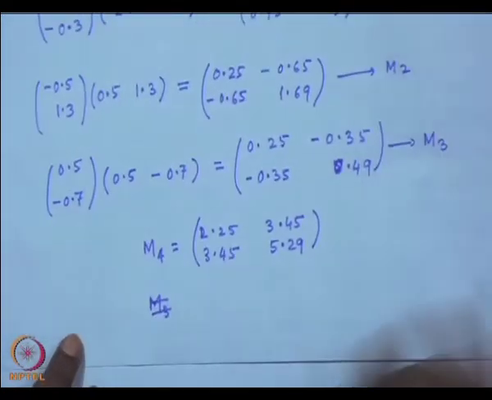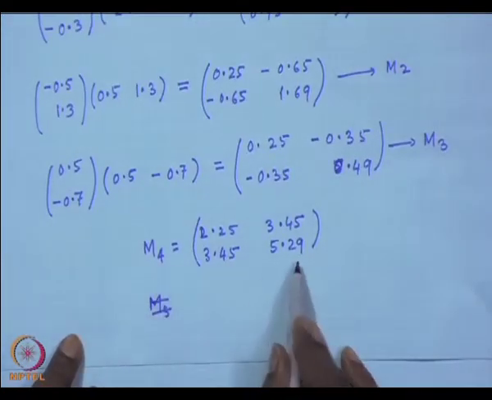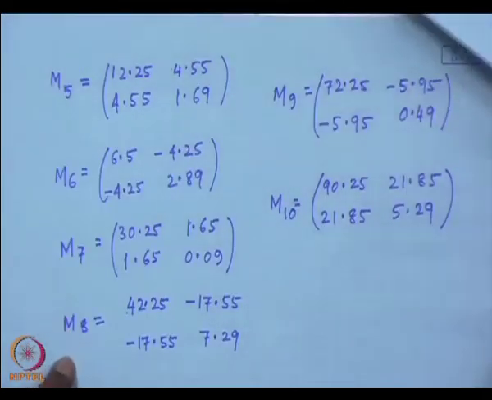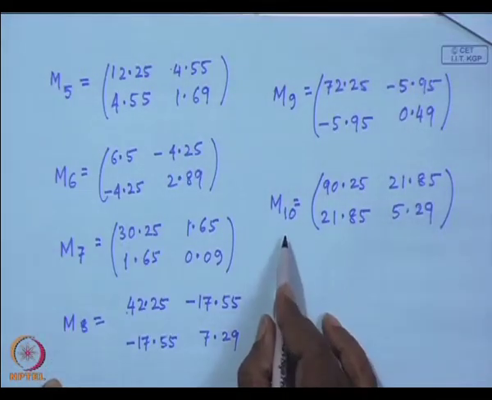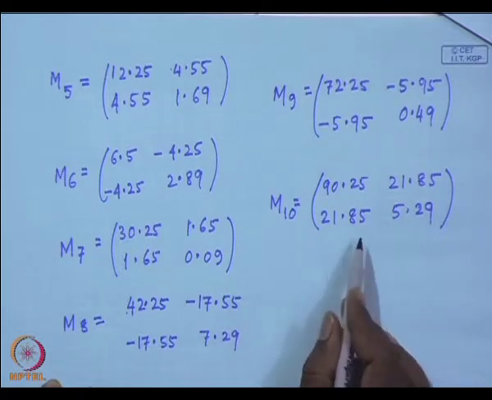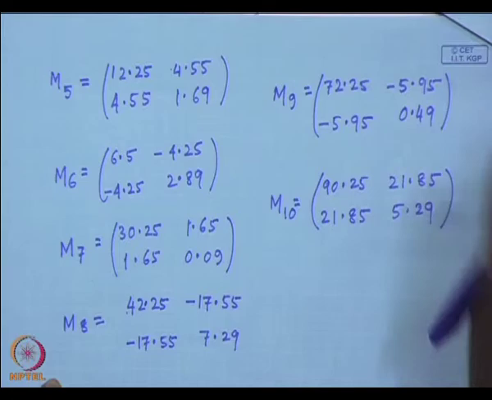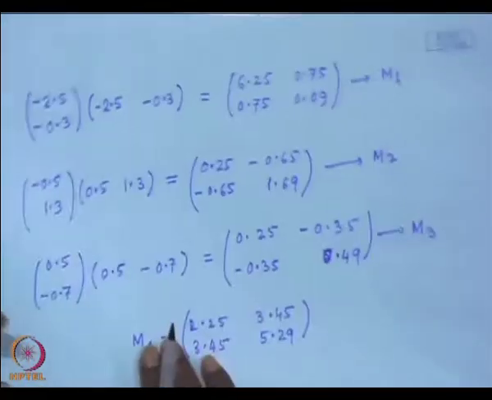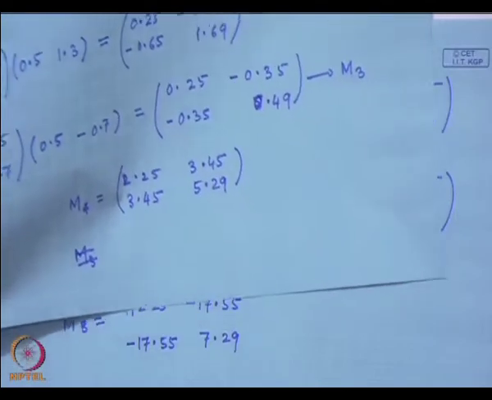The fourth one, x4 minus mu into x4 minus mu transpose, gives this, and continuing this way up to the 10th one, x10 minus mu into x10 minus mu transpose, that gives me this. So, I have a total of 10 matrices.